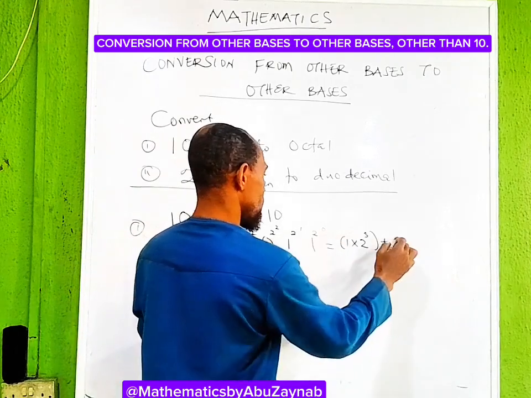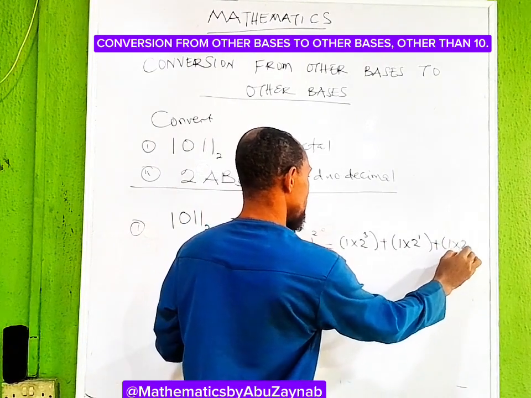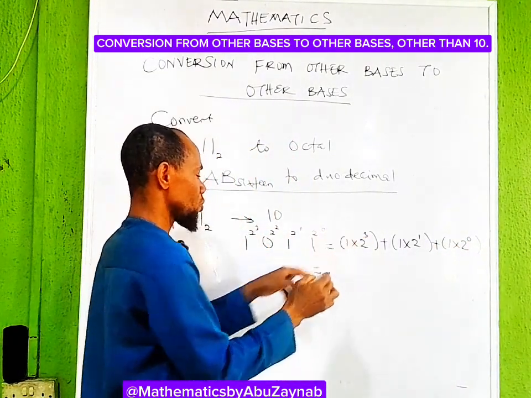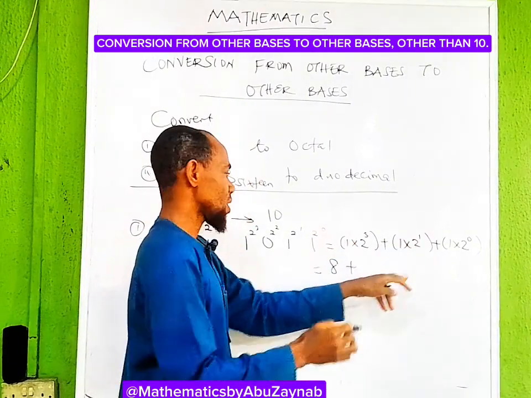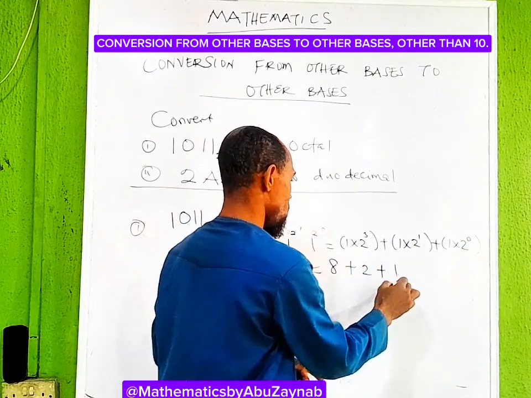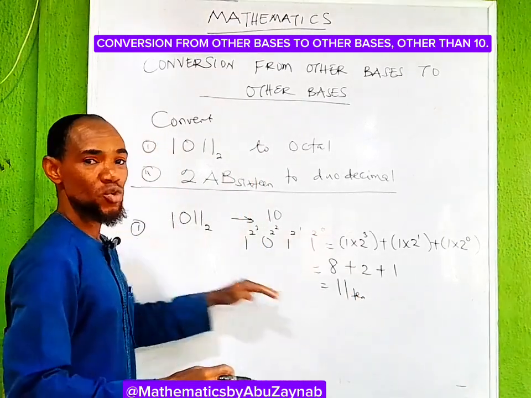So we move to 1 times 2 to the power of 1, then plus 1 times 2 to the power of 0. So 2 to the power of 3 is 8 times 1, 8, plus 2 to the power of 1 is 2 times 1, 2. 2 power 0 is 1 times 1, 1, making this 11 base 10.